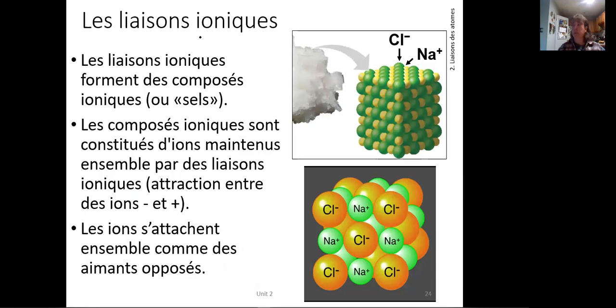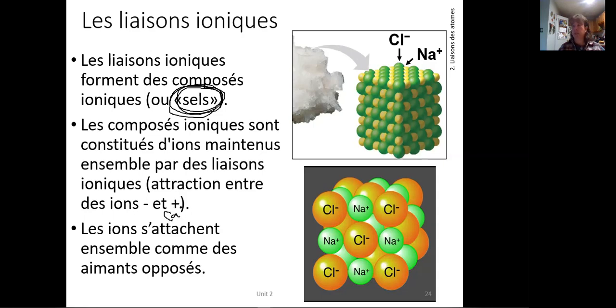Chemicals that are made with ionic bonds are called this general term of salt. It doesn't just mean the salt that we eat, but it's a chemical term. Ionic compounds consist of ions held together by ionic bonds, which is actually an attraction between negative ions and positive ions.